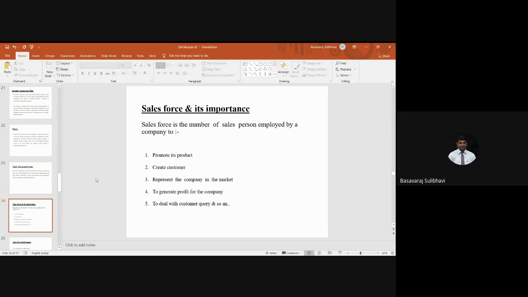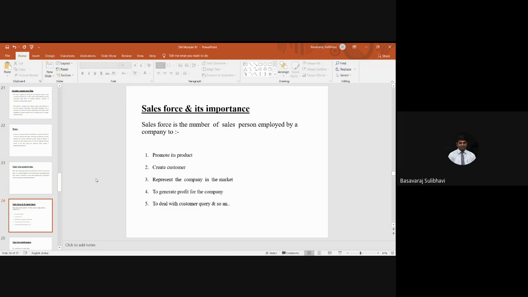They may be working in different cadres or positions, but altogether whoever is responsible for one or another activity of sales management will be considered as Salesforce.